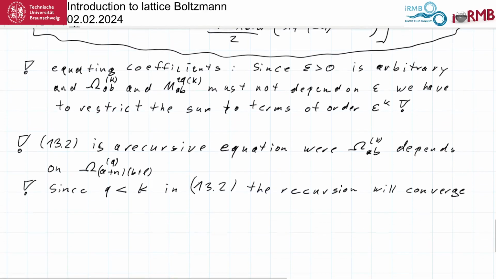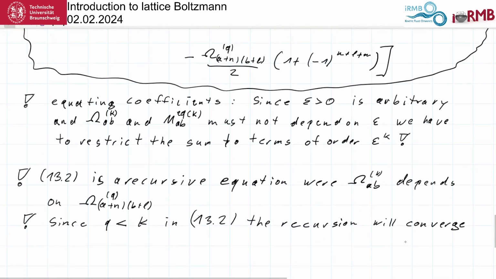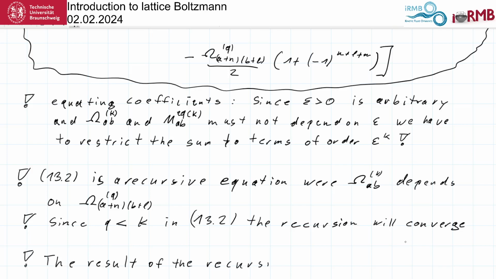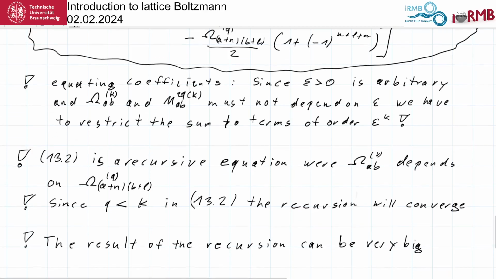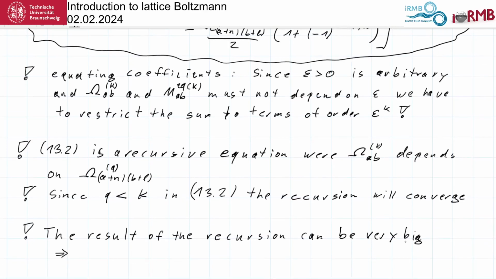However, that things are finite does not mean that they are small. So the result of the recursion can in fact be very large. And the advantage that we have is that our system is so structured that we can relatively easily put it into a computer algebra system.